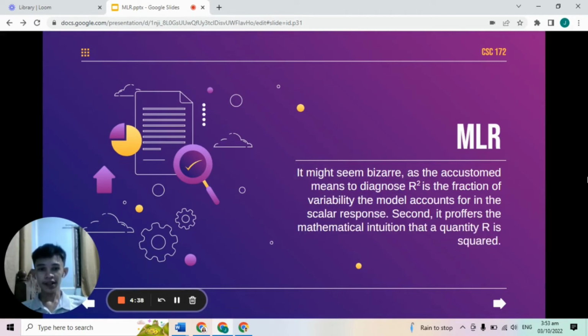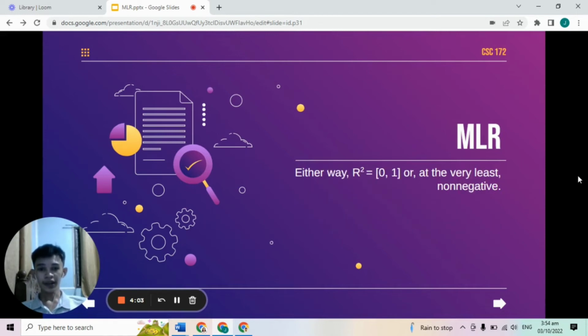It might seem bizarre, as the customary way to interpret R-squared is the fraction of variability the model accounts for in the scalar response. Second, it offers the mathematical intuition that a quantity R is squared. Hence, any negative number to the power of 2 is positive, come what may. Either way, R squared would be in the interval 0 and 1 inclusive, or at the very least, non-negative.